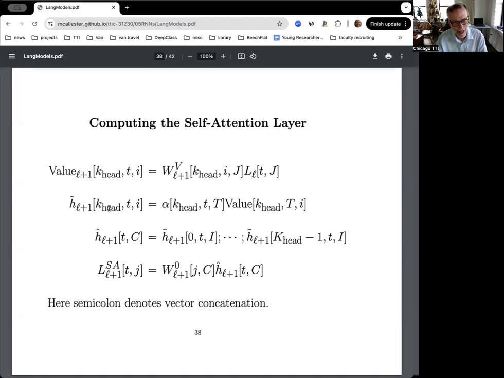This H tilde for this head at this position is a convex combination of the values at the other positions for that head. The value is head specific. The value is computed at a position by applying a matrix to the vector at that position, where the matrix is specific to the head. So all these matrices are specific to the head, the particular relationship between words in the sentence.